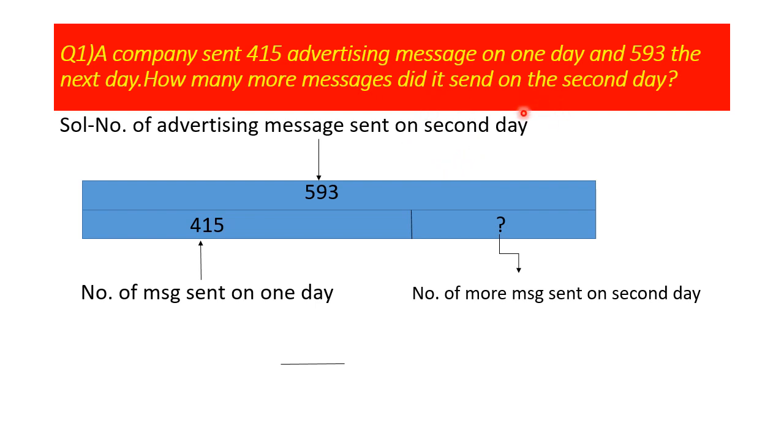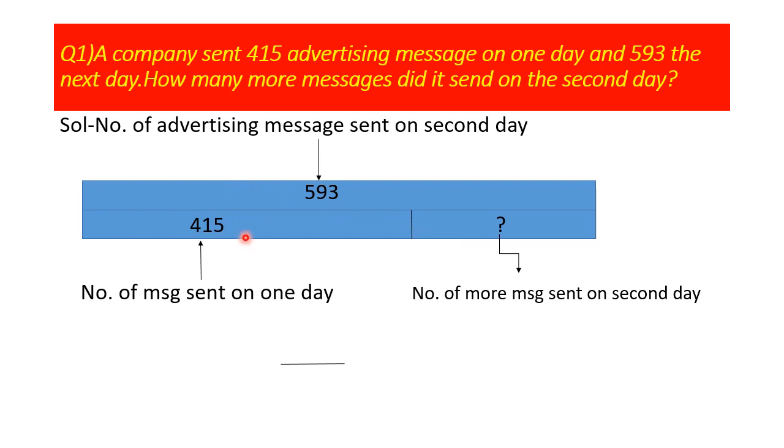As we can understand from the question, on the first day the messages sent by the company were less, but on the second day the number of messages has increased. So we have to find out how many more messages have been sent on the second day. So what we will do, we would do the subtraction.